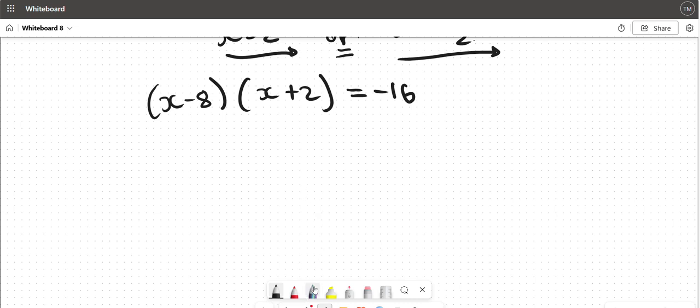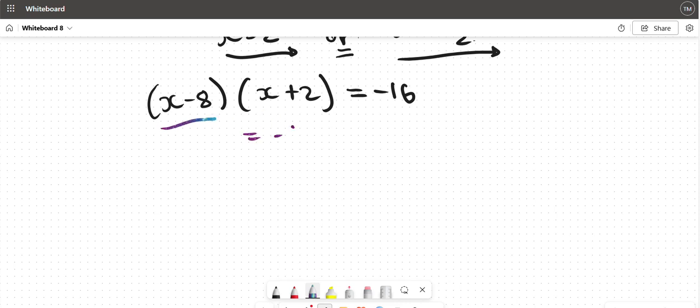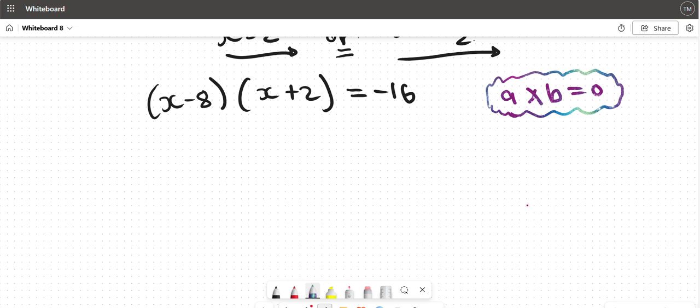So in this case, it would never make sense to take this bracket and make it equal to -16 and take this bracket and make it equal to -16. No. That rule of A times B is equal to 0 only works if they multiply and they're equal to 0. We can only use it if our answer is equal to 0. So in this case, it's not equal to 0.